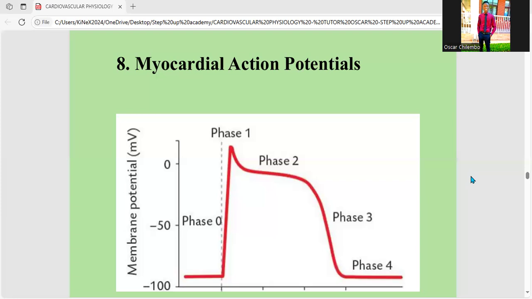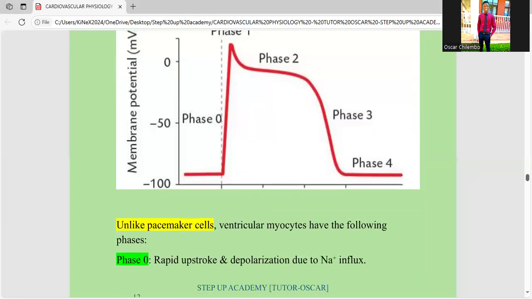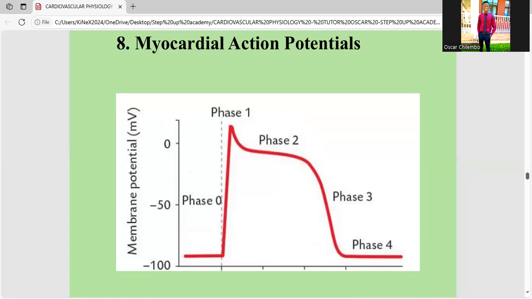Some important points to get is that the myocardium action potential actually has the resting membrane potential of about -90, as you can see here, approximately. Here there is 100, but it has about -90 millivolts. That's the membrane potential for myocardium. So those are potential MCQ that you should note.